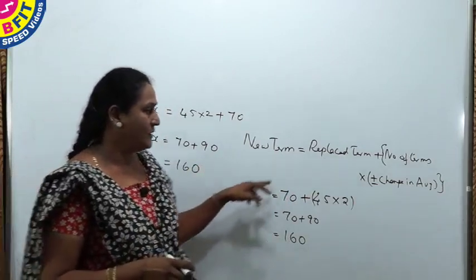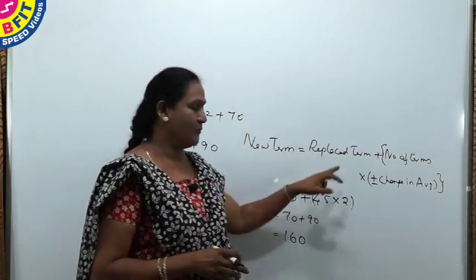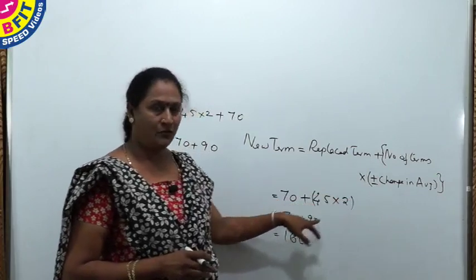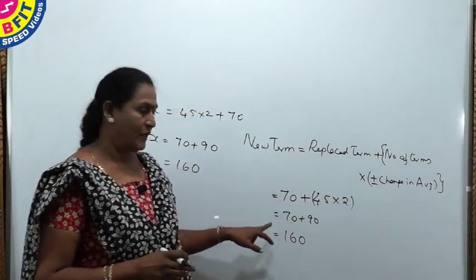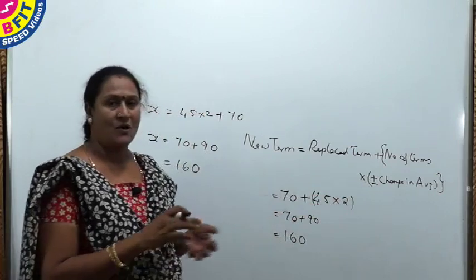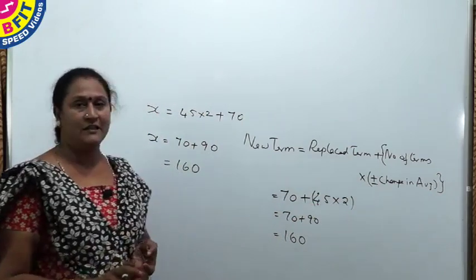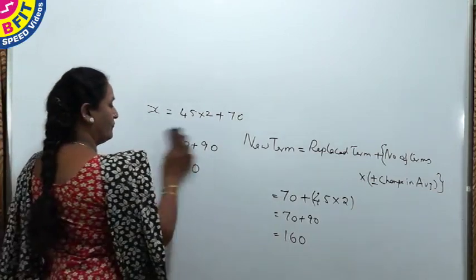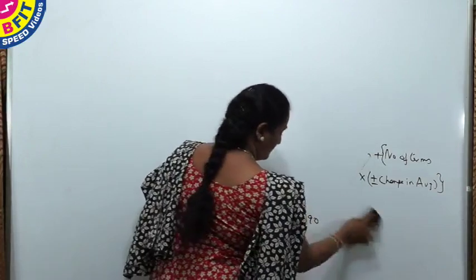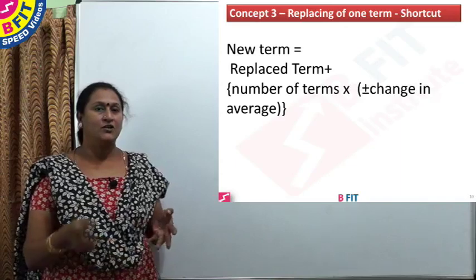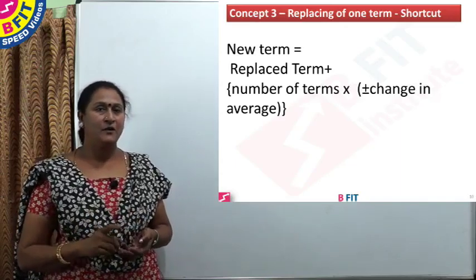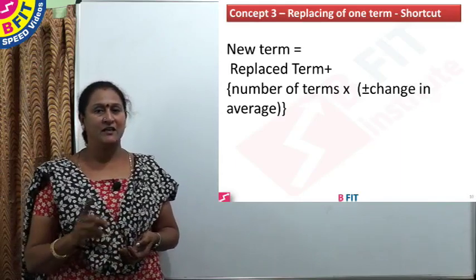So for the new term, the replace term is 70, the number of terms is 45, and the change in average is plus 2. So 45 into 2 is 90, plus 70, so the weight of the new box is 160. Now we'll see the shortcut: new term equals replace term plus number of terms into plus or minus change in average.